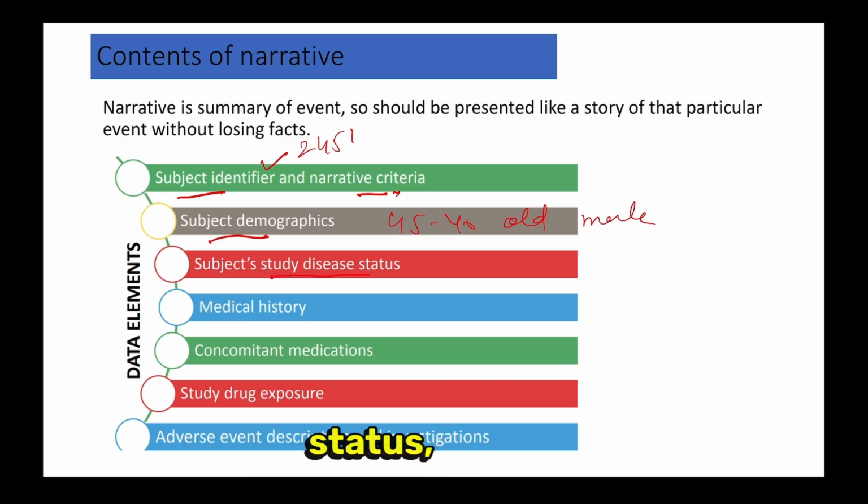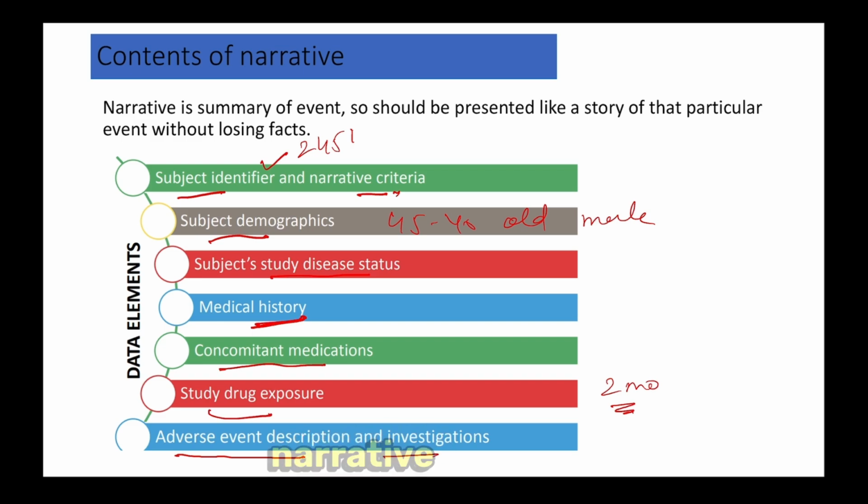Subject disease status, medical history, from where you will get it. Any additional medicine the patient was taking, concomitant medication. Study drug exposure, since how long the patient was taking it, 2 months, 6 months, or days, especially this is reported in number of days. Adverse event description, and what the sponsor or investigator is saying about the narrative.